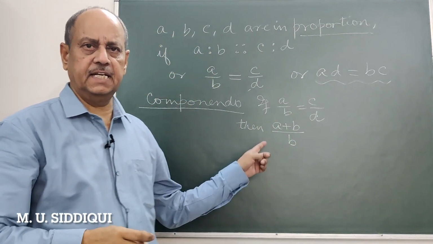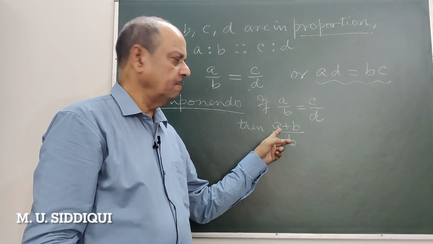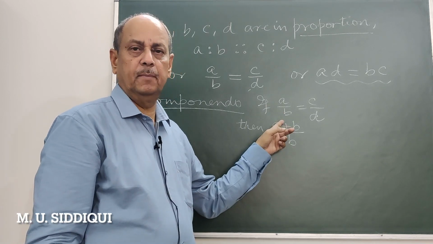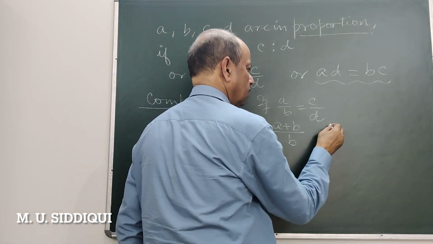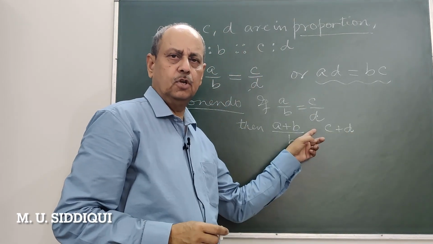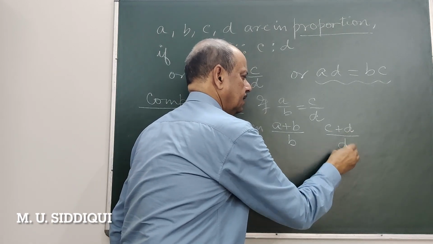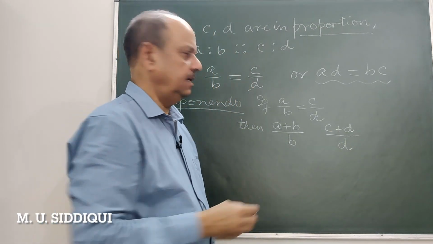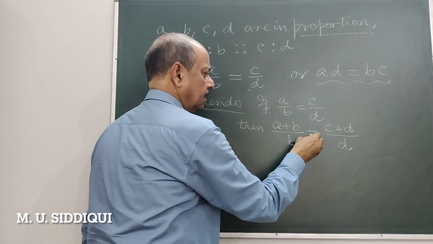On the left side I have taken A plus B, numerator plus the denominator, divided by the same denominator as it was. And on the right side also you say C plus D, the same way as we did here, divided by the same denominator as it was. And this property componendo says that they are equal.